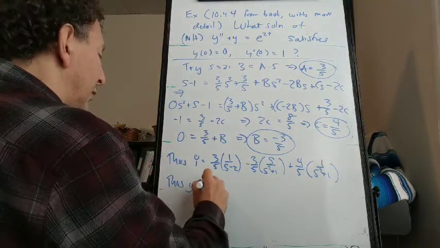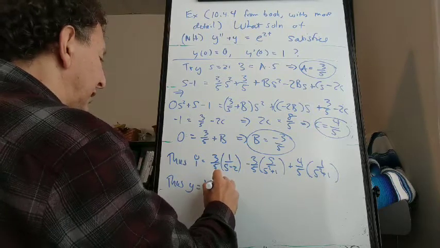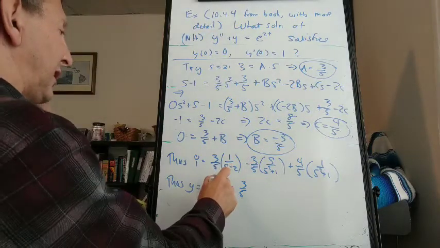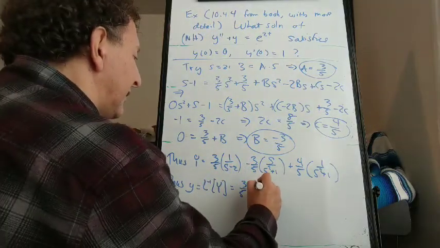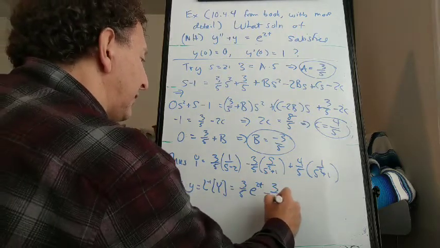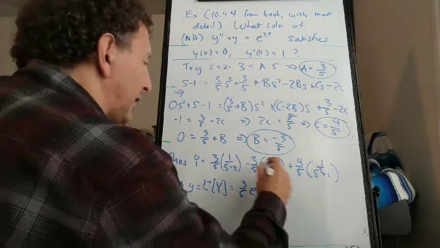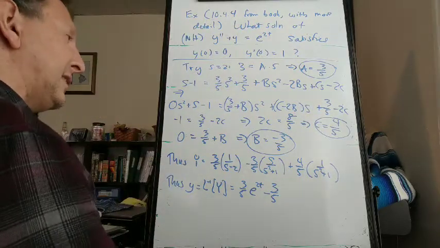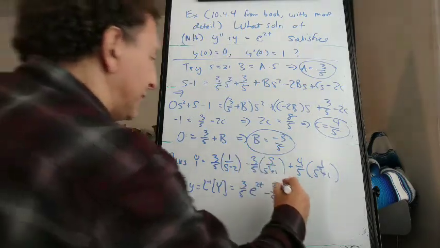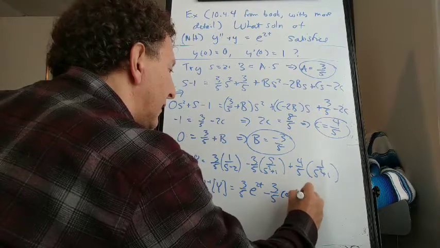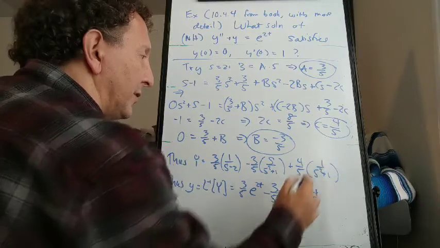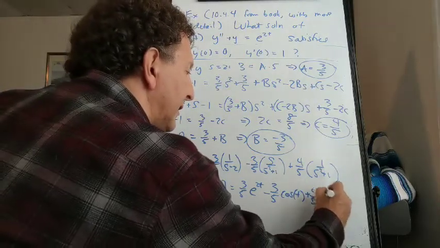So that means that regular y, which is the inverse Laplace transform of capital Y, equals 3/5 times e to the 2t, minus 3/5 times cosine of t, since 1 is 1 squared, and then plus 4/5 times sine of t.